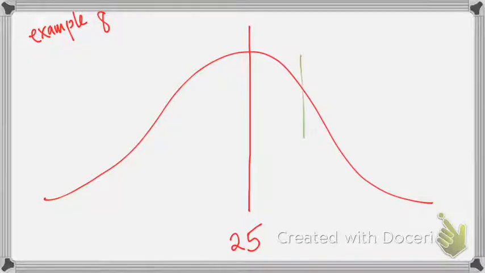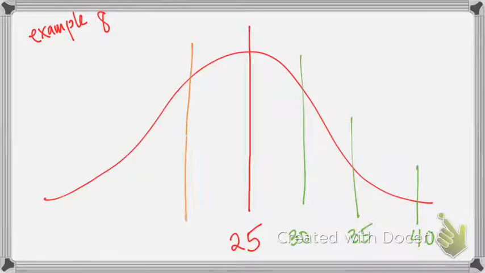So I'm going to go up 3 standard deviations. So it would be 30, 35, and 40. And then on the left-hand side, I'm going to go down 3 standard deviations. So what would those numbers be? 20, 15, and 10.